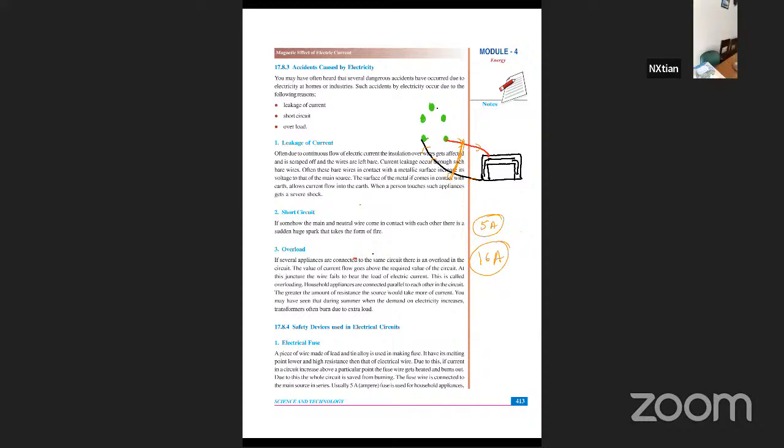If you see in your churches, you will find that some of the monitors or the amplifier need 16 ampere. If you have knowledge about the music system, you will find that some monitors need 16 ampere, the amplifier needs 16 ampere because great power is needed.